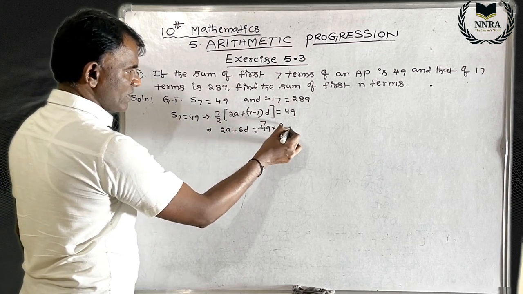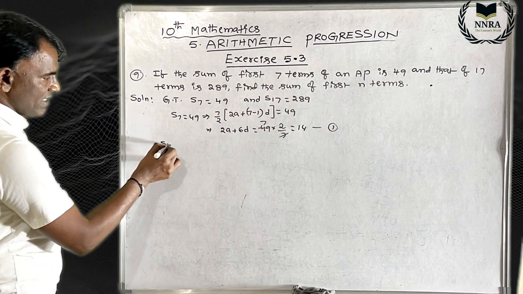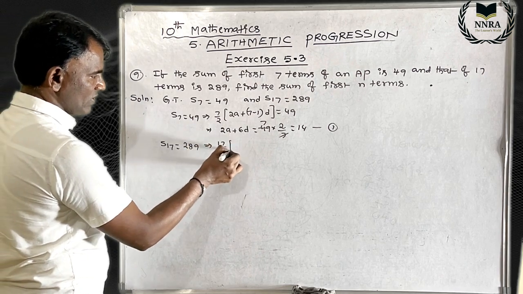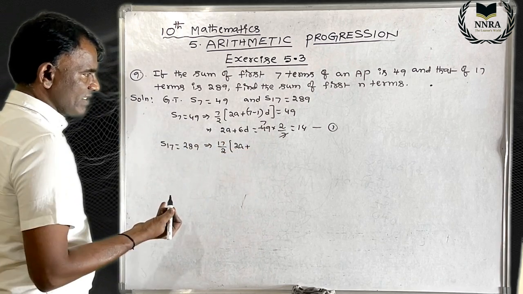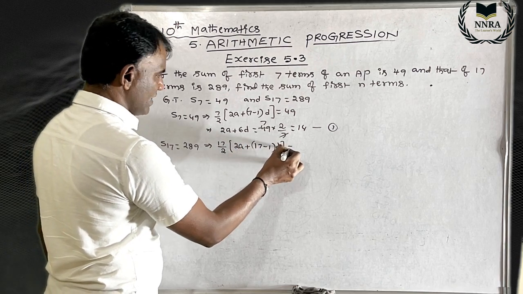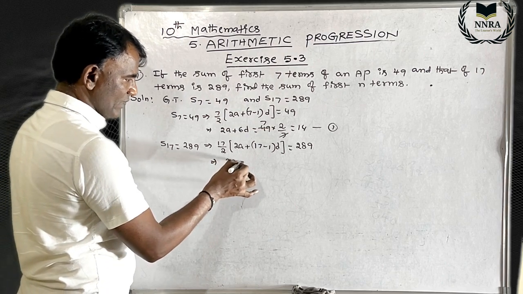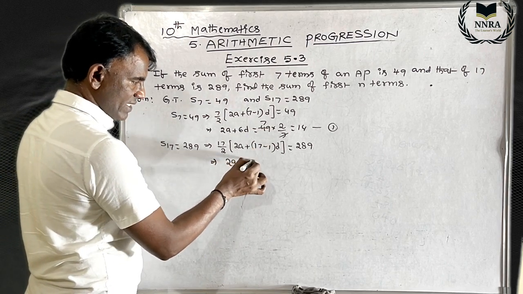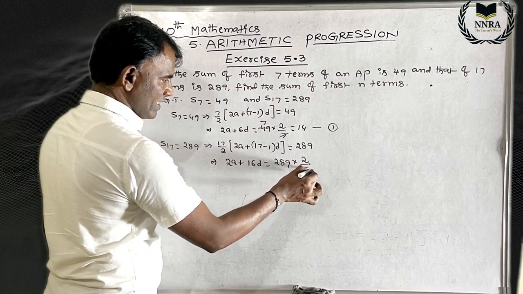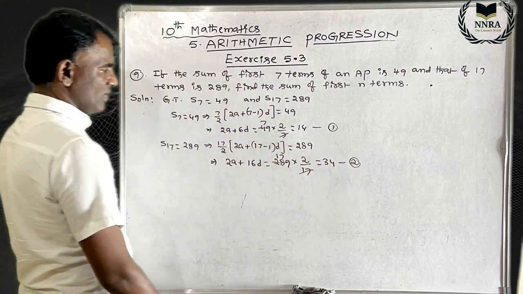So 7 times, 7 into 2 is 14, equation number 1. And again S17 equal to 289. So 17 by 2, again 2a plus n minus 1, 17 minus 1, into d equal to 289. Now it is 2a plus 16d. So 289 into 2 by 17, 17 times, then it is 34, equation number 2.